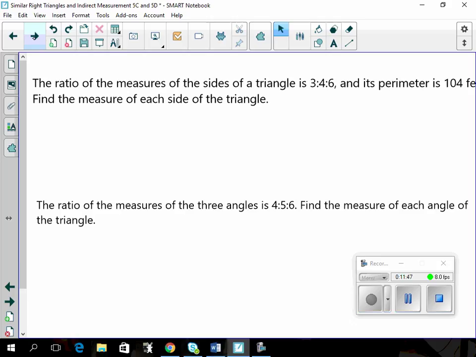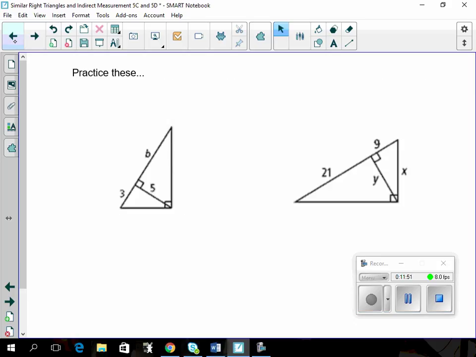The word problems are a punch on your passport, and this one is a punch. You can do it on whatever piece of paper you want as long as I can see your proportion, how you solved it, and your answers. So I'm going to leave these up here for right now. Pause the recording. This is one punch. Remember all the different punches.